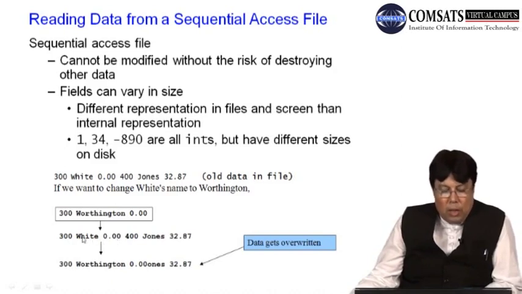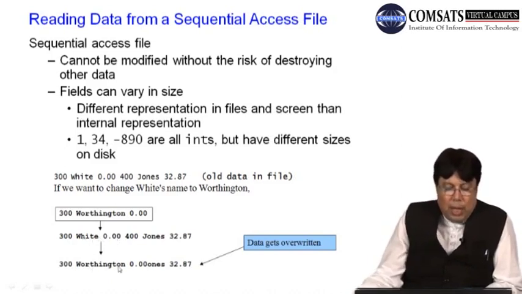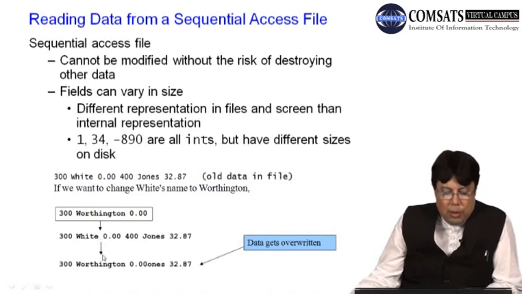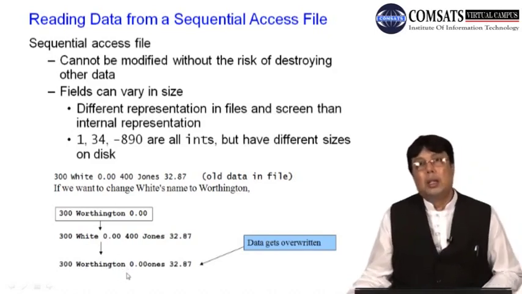Now you want to change White to Worthington. So what will happen? From here you will add W-O-R-T-H, and from I you will insert 1, 2, 3, 4, 5, 6 bytes.